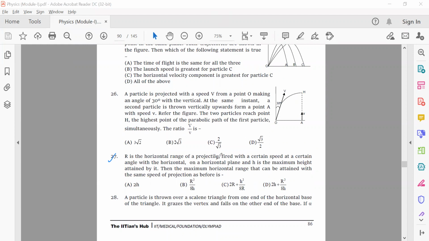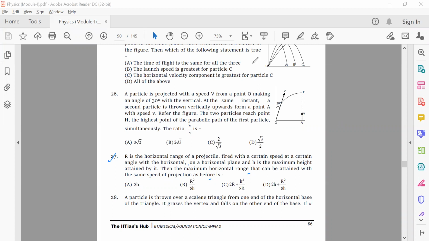R is the horizontal range of a projectile fired with a certain speed at a certain angle on the horizontal plane, and H is the maximum height. Find the maximum horizontal range that can be attained for the same speed. So this is the idea that for a certain angle of projection, R is the horizontal range and H is the maximum height.